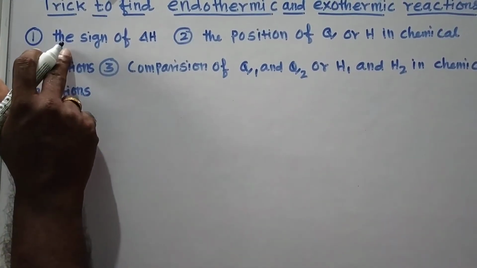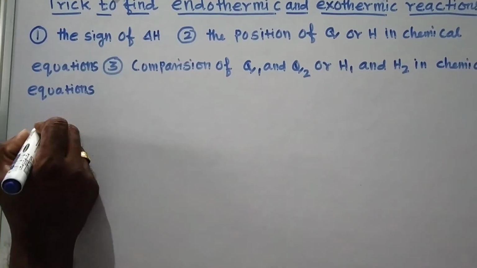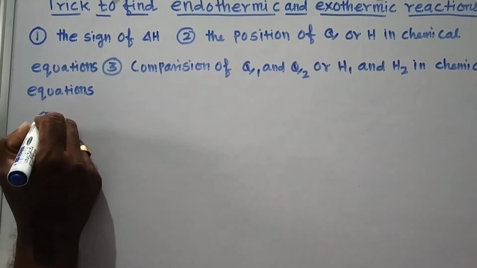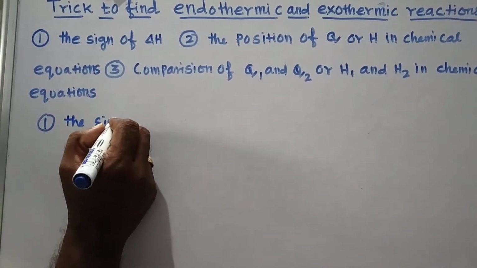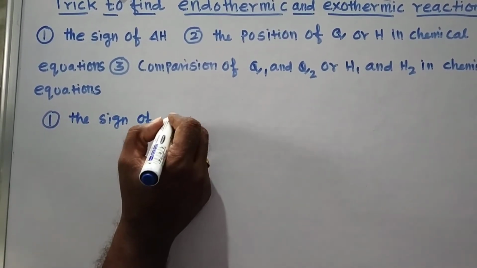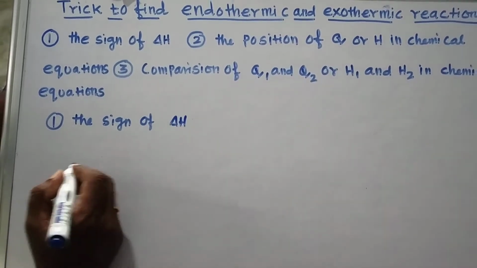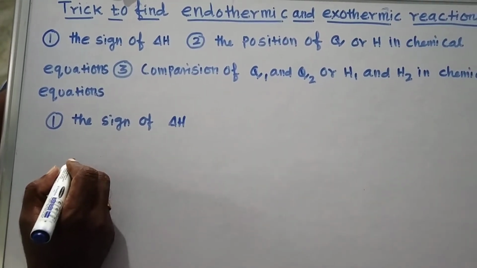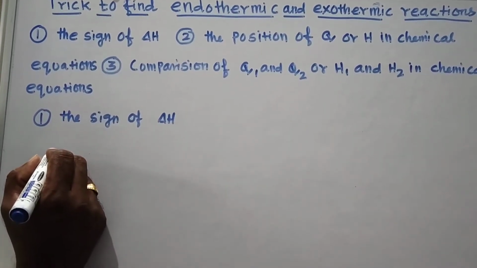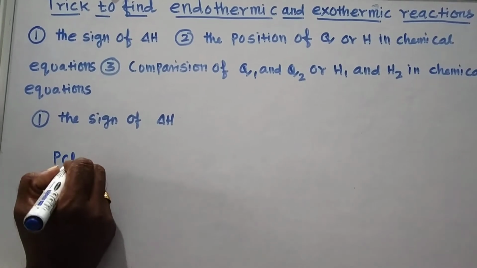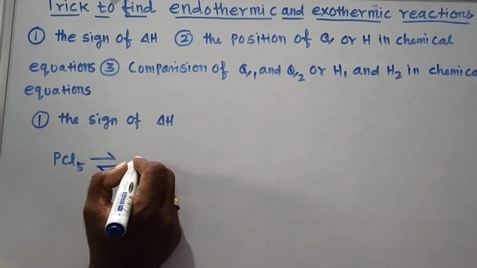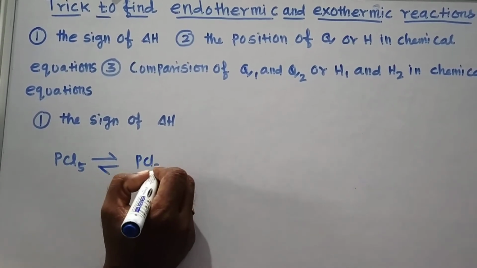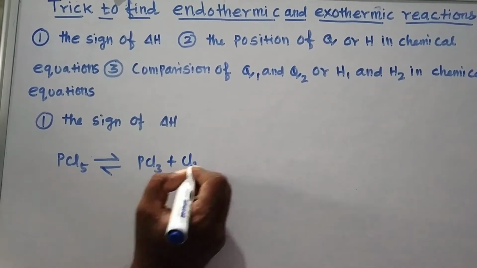Okay, first of all, the sign of delta H. Let us consider reactions. PCl5 on decomposition forms PCl3 and Cl2.